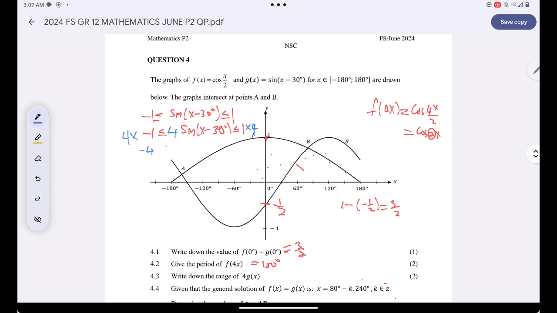So I'll have a negative 4 less or equal to 4 times g of x. So the range will be between negative 4 and 4. We can simply write y is an element of negative 4 and 4.